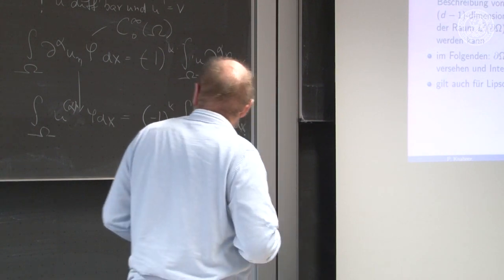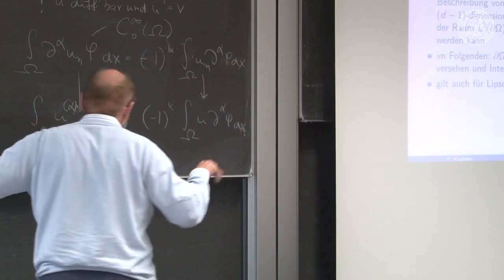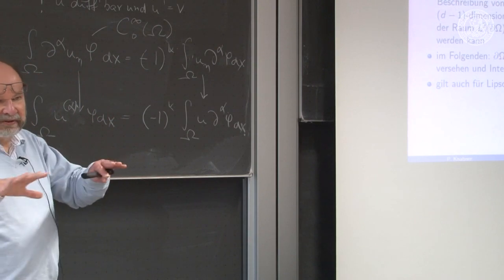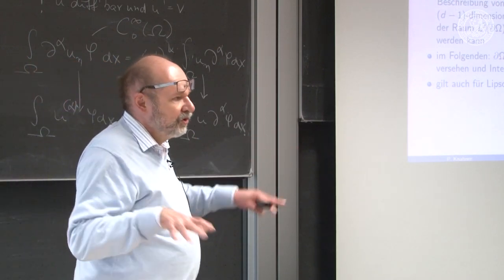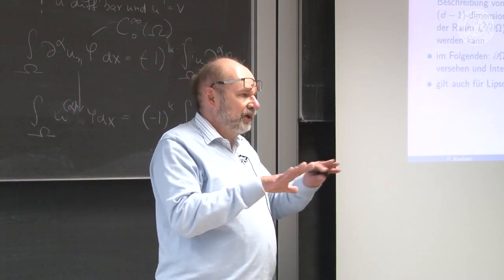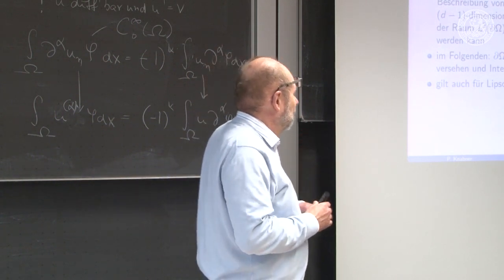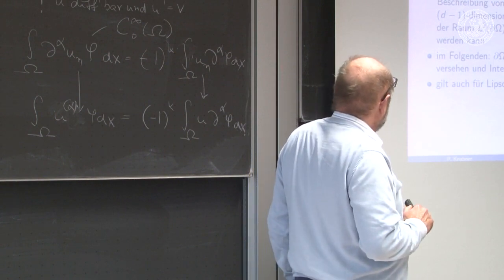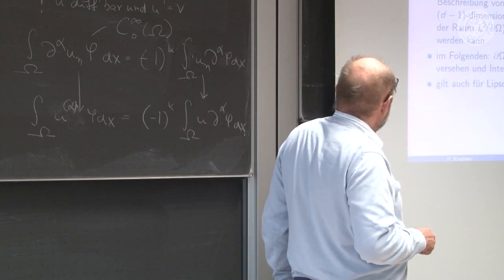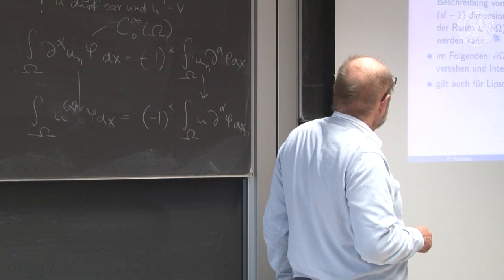So that basically means we can stretch locally the boundary to a part of a d-1 dimensional space, and then we do as till now. Okay, so we will also now deal with the L2 space on the boundary.